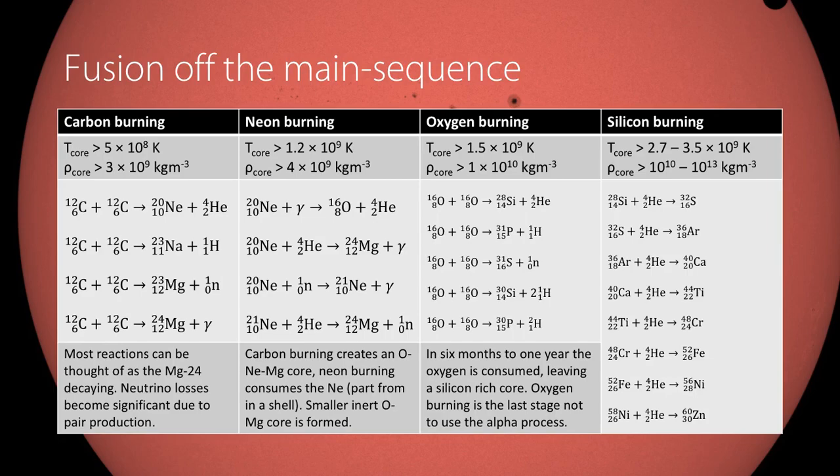After that, carbon in the core starts to become exhausted, the carbon moves off to form a shell, and you have neon in the core.